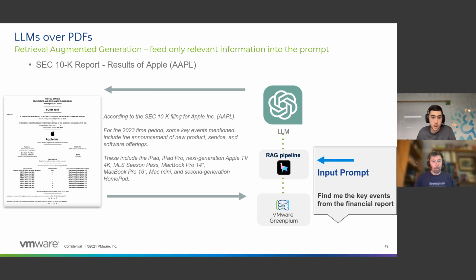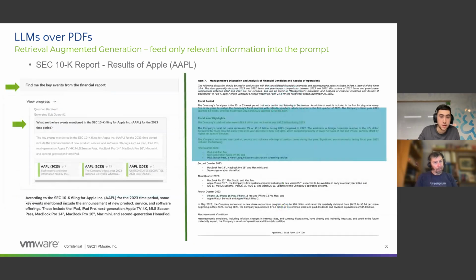Very cool. Let's say this is the way it works. Can you just explain it briefly, Martin? Yeah, sure. So we start with the prompt, find me the events of the financial report. You can see, though it's a little bit small, that it's generating a whole bunch of subqueries to get results, and then summarizing the results of those in a summary.